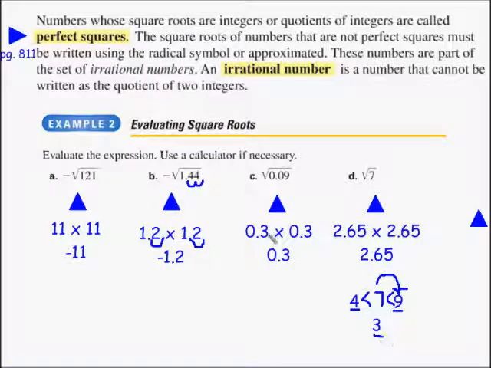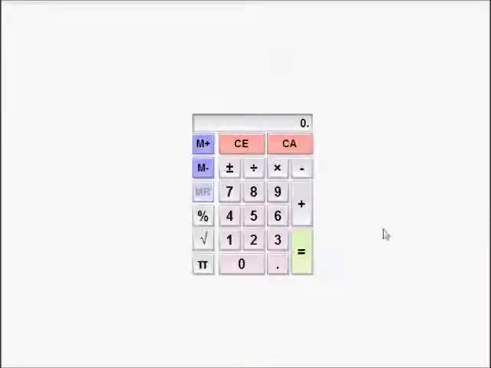Now, if I had to work out the multiplication on my own, then I would start at some numbers that are a little bit closer to 3 and see if I could get a decimal. The other way that you can do this is simply by using a calculator. So if I was going to use a calculator and I want to find the square root of 7, I'm going to get my square root symbol and then 7 and hit equal. Oops, sorry. This one is a little bit different.